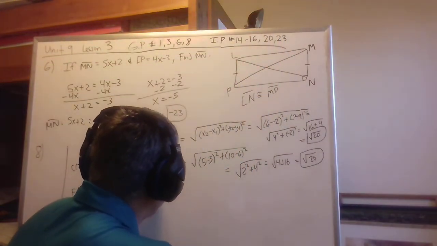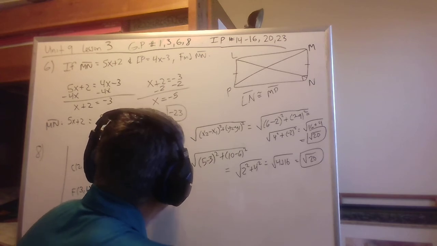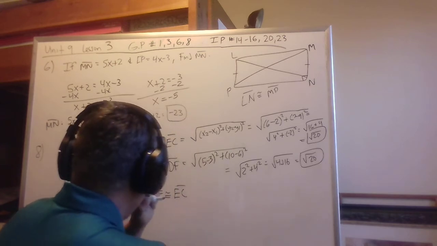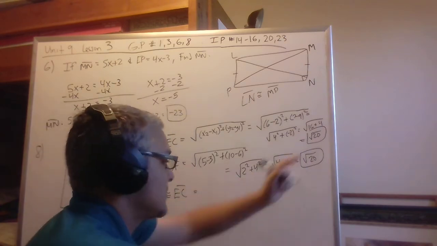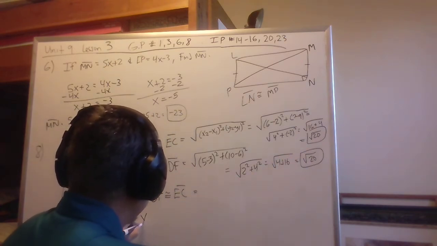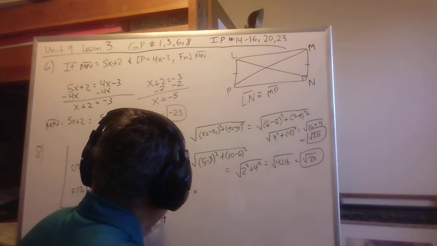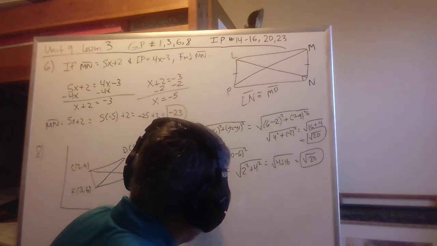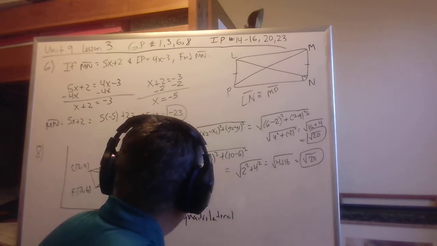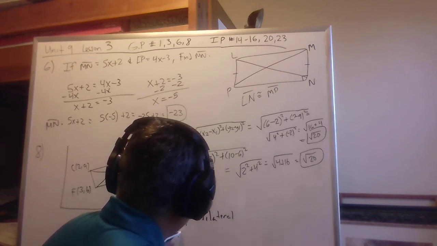So since the diagonals are equal, we know that DF is congruent to EC. We can say, because they're both the square root of 20, that yes, this quadrilateral is a rectangle.